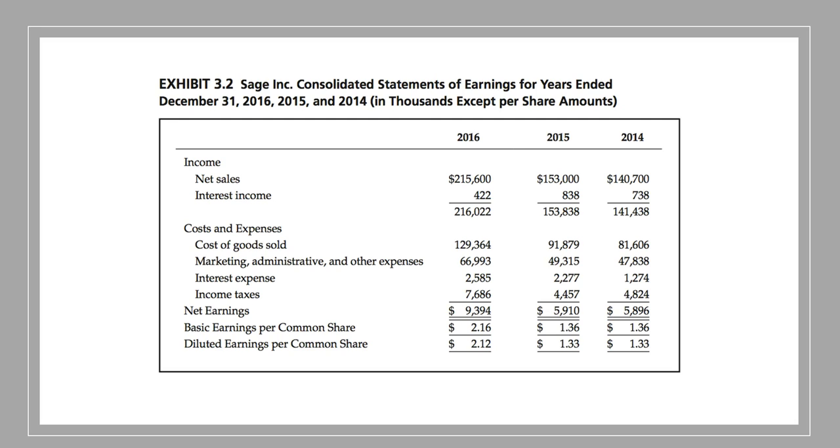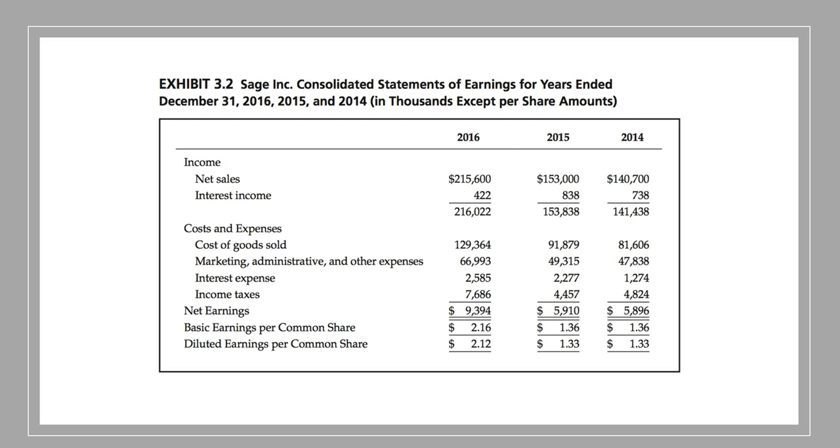Diluted versus basic means that there are certain types of transactions which could increase the number of shares outstanding. Because it's possible to increase the number of shares outstanding through these actions, they have to report what the effect of those transactions could be on earnings per share.